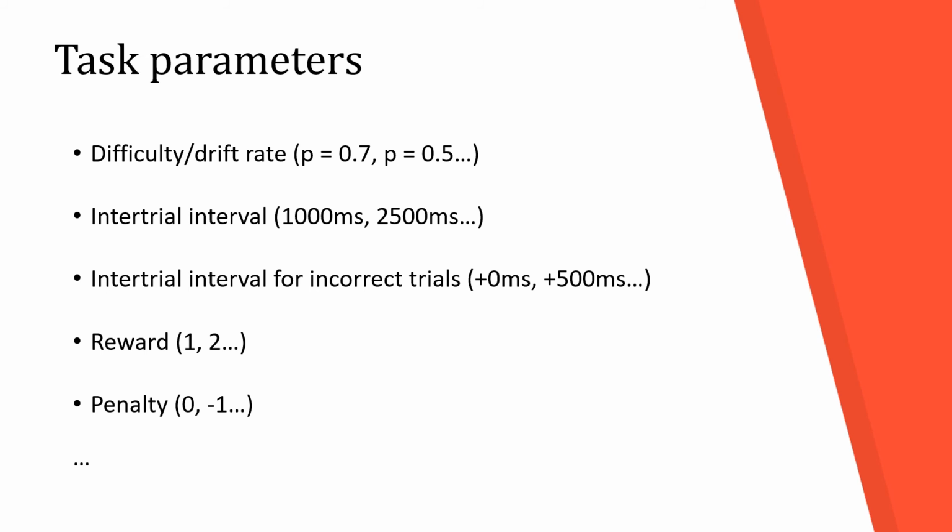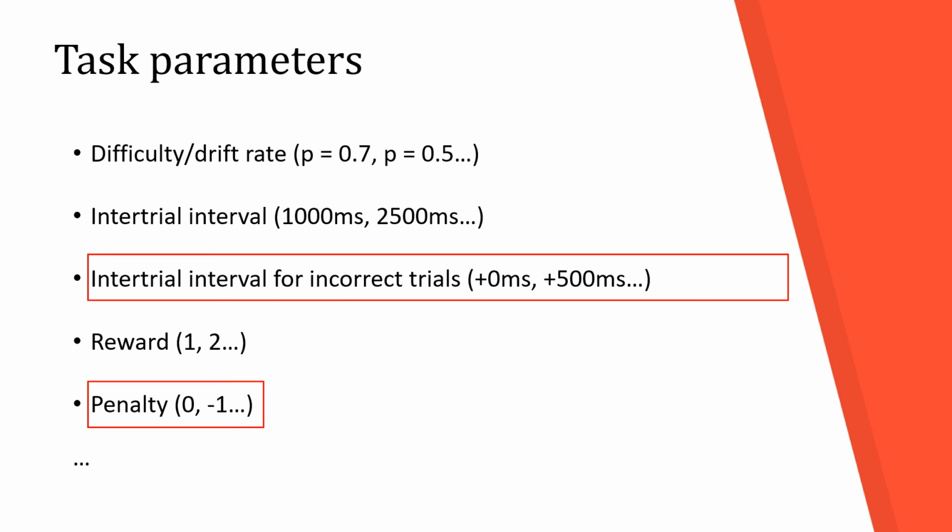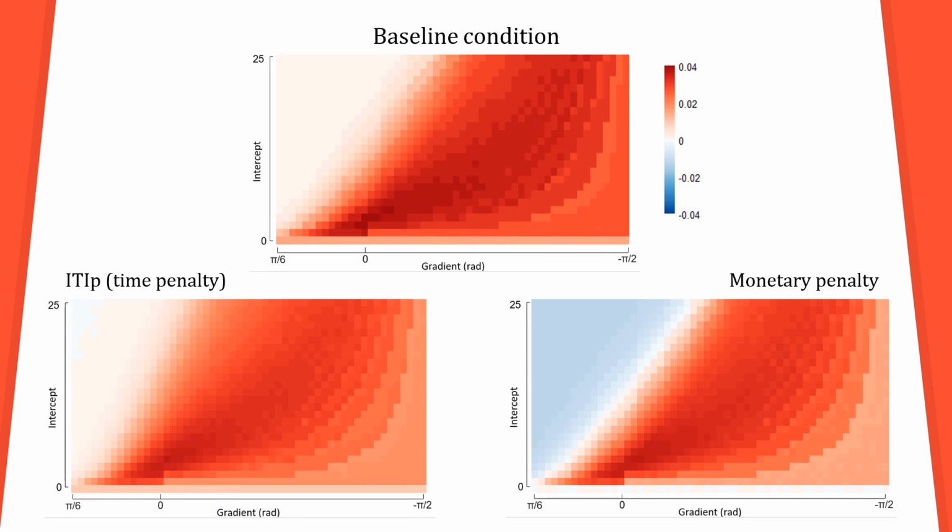In the end, it turned out that parameters related to incorrect responses, so monetary penalty and the additional waiting time after an incorrect decision, have the capacity to produce such change. And here you can see the landscapes generated by our Monte Carlo simulations, with parameters of the baseline condition corresponding directly to the task parameters used in Malhotra and colleagues' experiment.